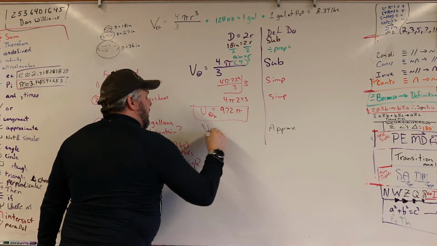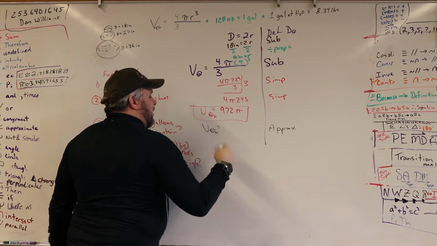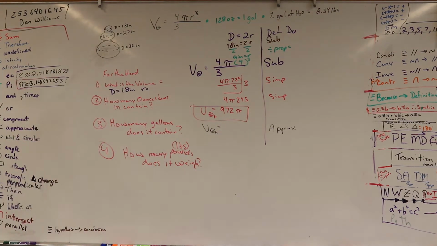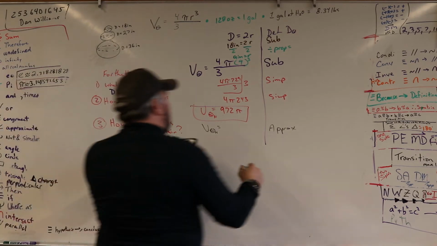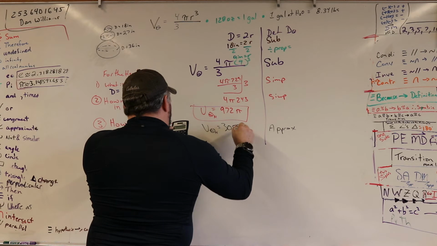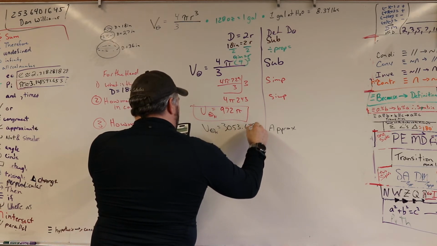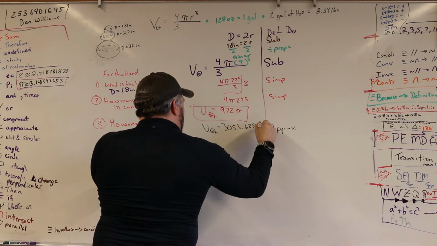It's going to be V sub h, but it's going to give us an approximate number. So times pi, where's my pi? There it is, equals. So I got 3,053.628059.